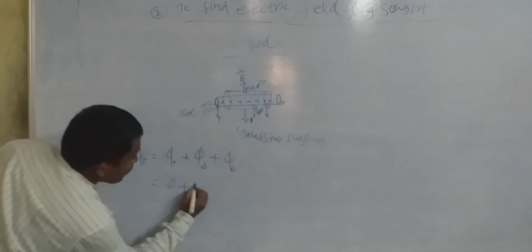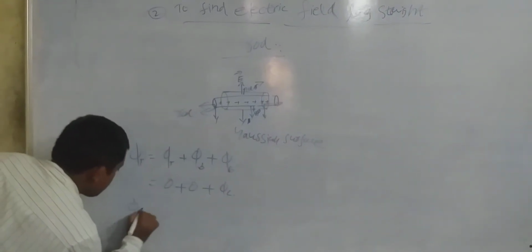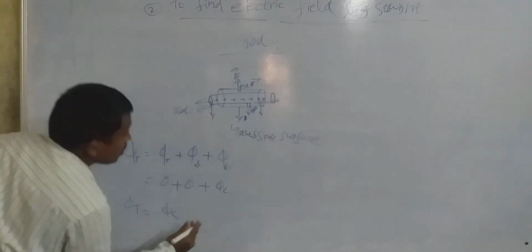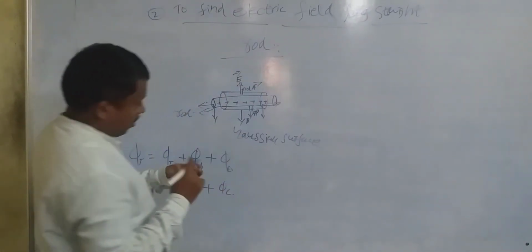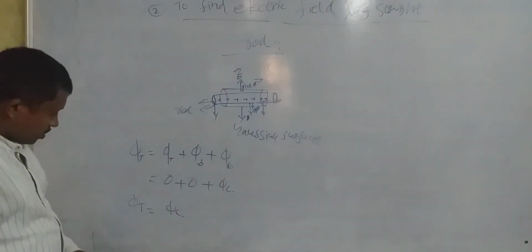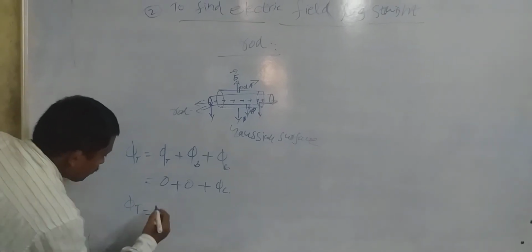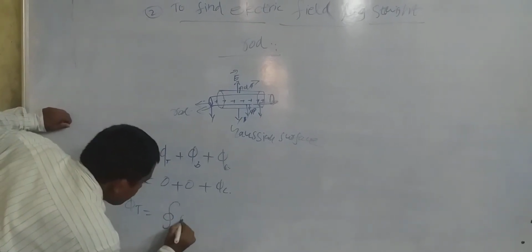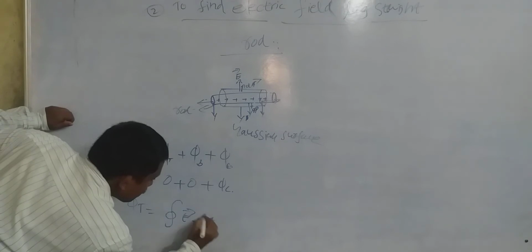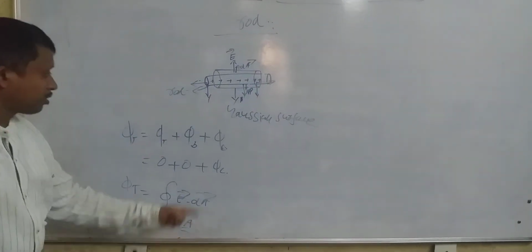So 0 plus 0 plus the flux through the curved surface. For the total flux, the curved surface flux is E dot dA, which is equal to E times the curved surface area of this cylinder.